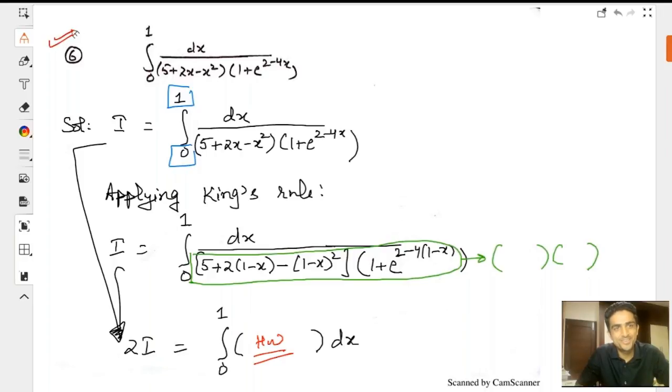This is one question which I'll suggest you to solve yourself, because let me assure you that if you just do this question completely and you get your answer, it will generate enough confidence in you that if I can do such a bad looking integral with ease, by ease I mean at least I know what is the standard approach, then I can do any question, at least of this property.